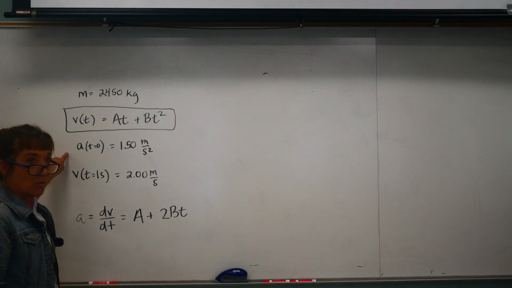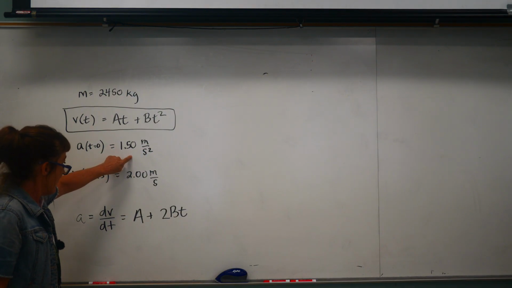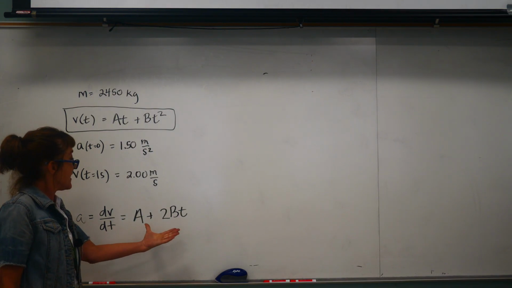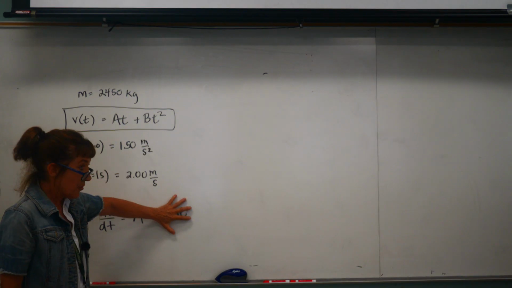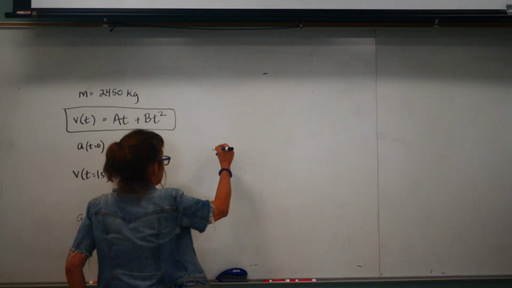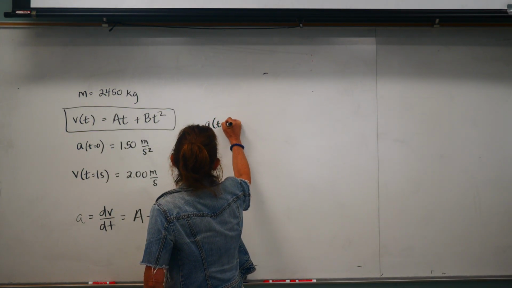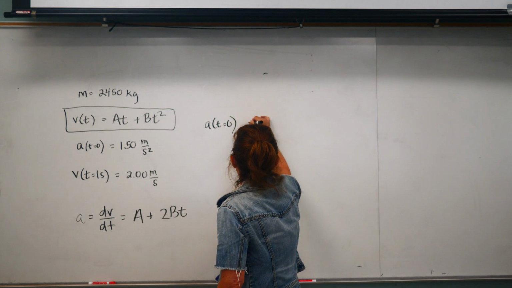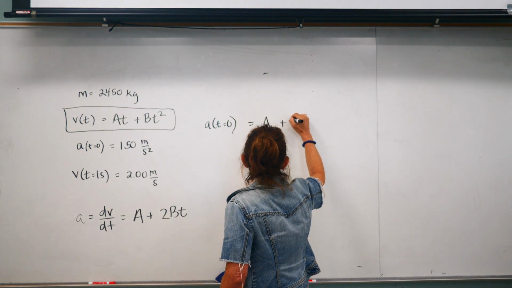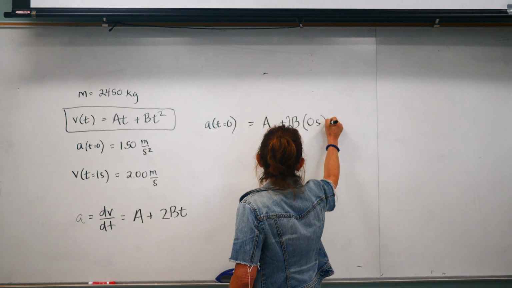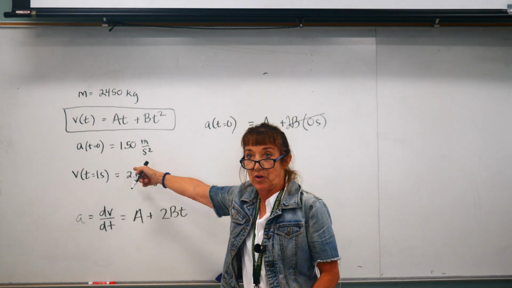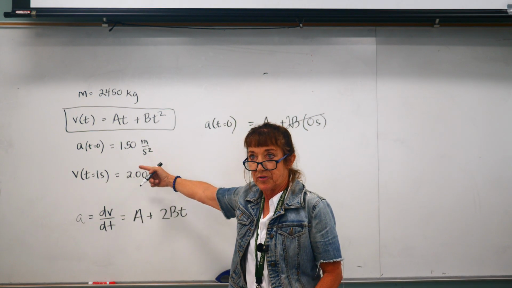I know a at t equals 0 is 1.5 meters per second squared, my acceleration, not big A. If I put t equals 0 here, this term goes away. So a at t equals 0 is capital A plus 2B times 0 seconds, and that term goes away.